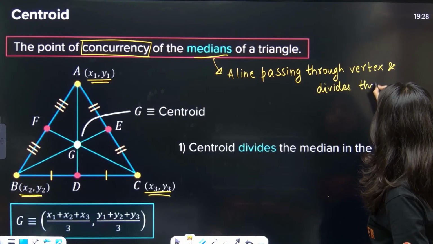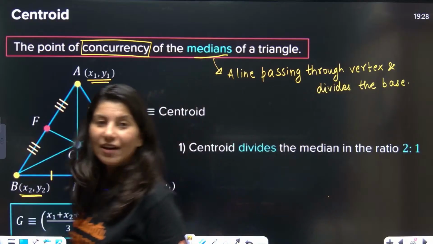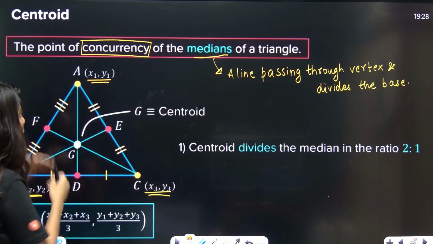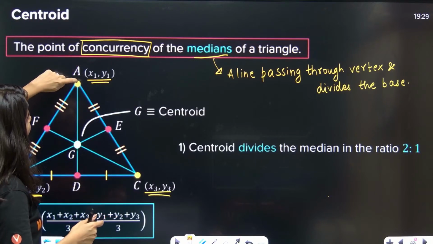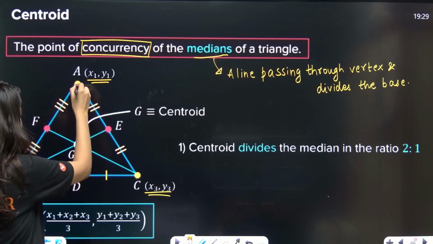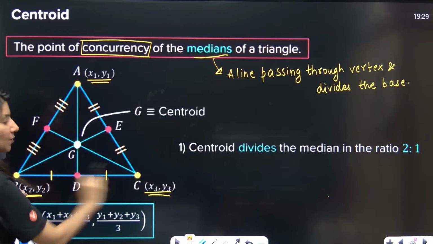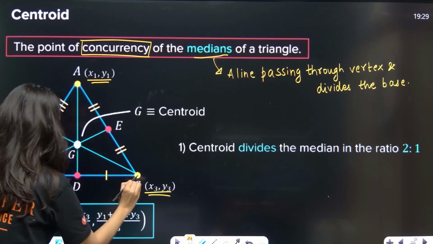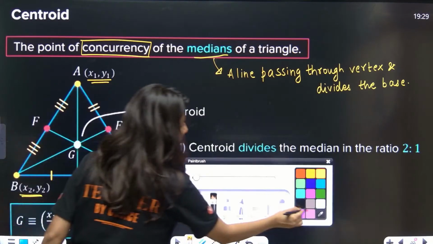the base. Okay. So if I have to draw a median, there will be 3 medians in a triangle. So let's draw a median from vertex A. A line passing through vertex A, and opposite to this vertex we have a base BC. Now, if I draw a midpoint, can you see D is the midpoint?